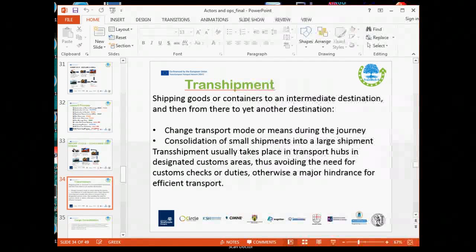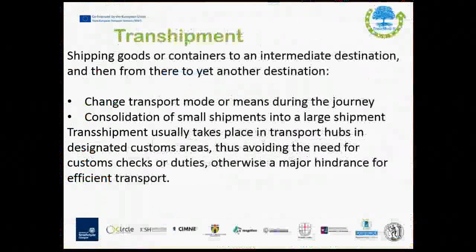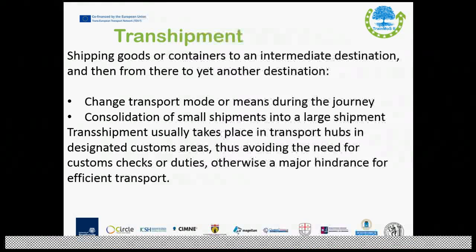Yeah, so again, some more processes there. Transshipment, the transshipment process, which is very important. We have transshipment when goods or containers are unloaded at an intermediate destination, and then from there are dispatched to another destination.